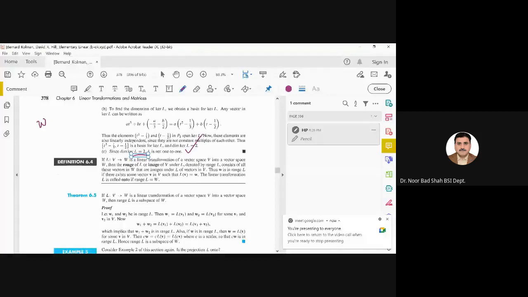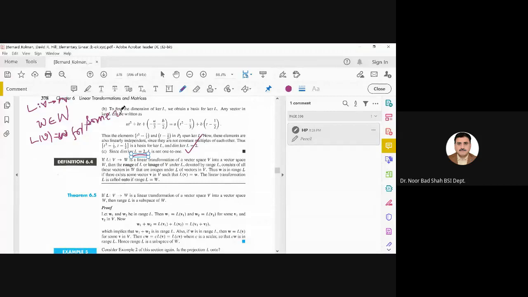Okay, I'm explaining this by example. I don't know whether you will understand it or not. For a linear transformation L from V to W, you take one element from W and find whether L of V is equal to W for some V belonging to V. If L of V becomes equal to W, then we say the function is onto.